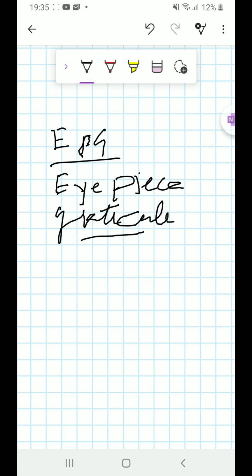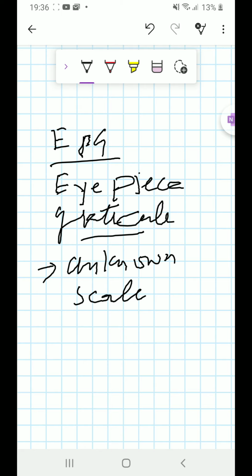This scale is fitted in an eyepiece, and it has an unknown scale. So the length of one division is not known. So we need to calibrate it first.